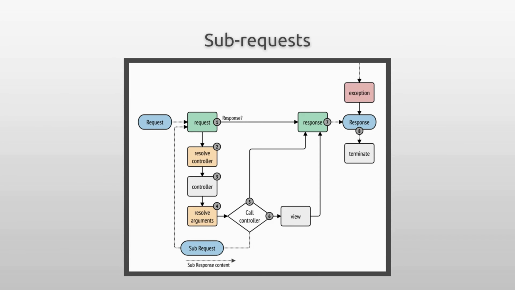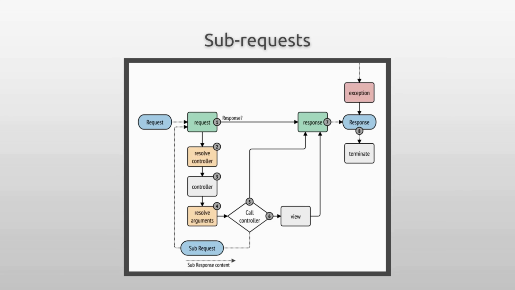Sub-requests behave like regular requests and go through a complete request-response cycle, where the new request object is transformed into a response. However, the key difference is that some event listeners, for security or session management, might only act on the main request to avoid duplicating logic or processes.